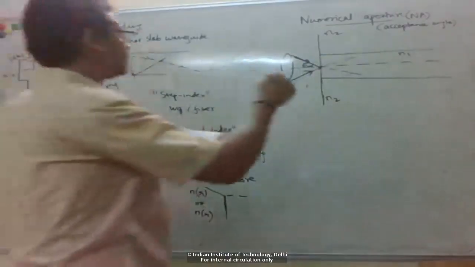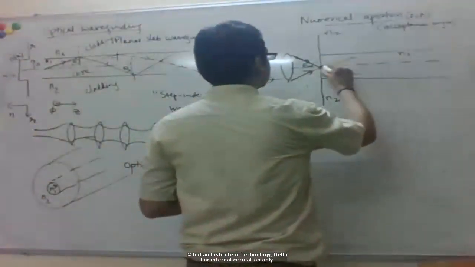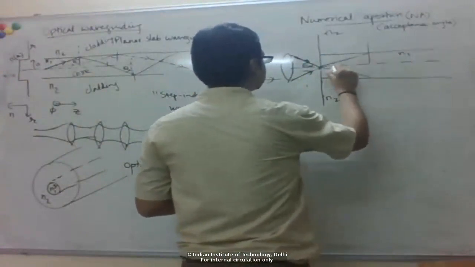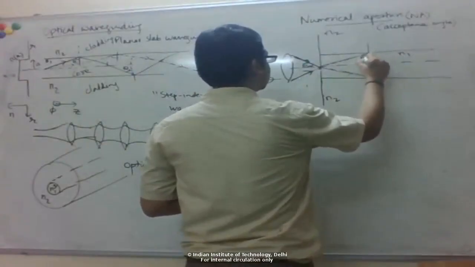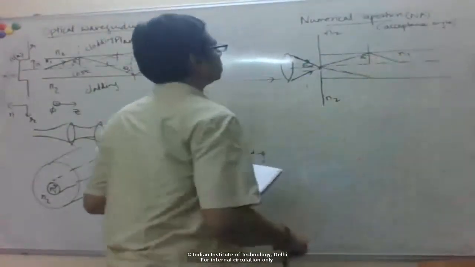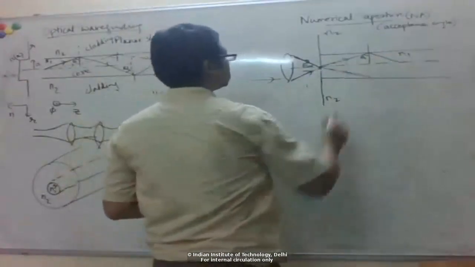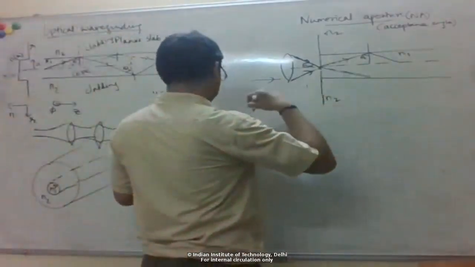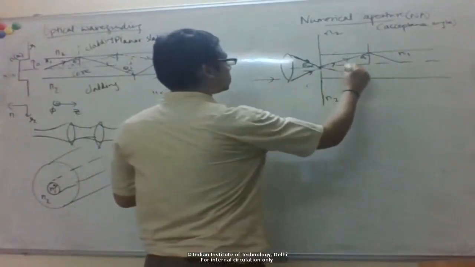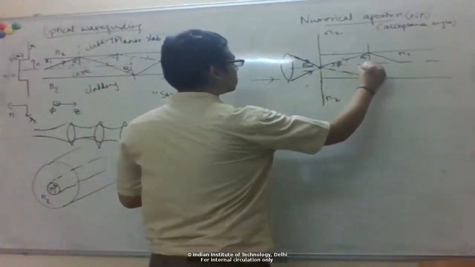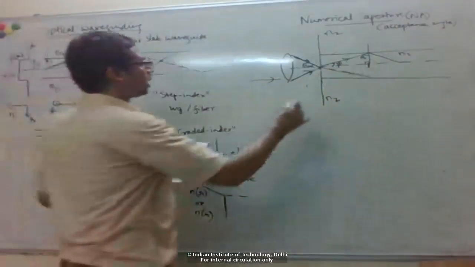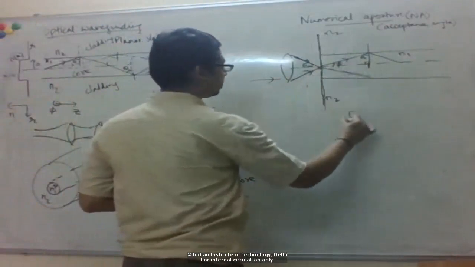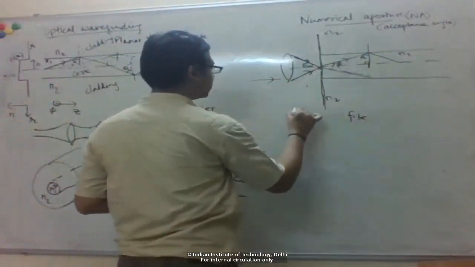So how can we estimate that? Again, consider the cone of light which gets guided here, which makes angle theta c here. So let's say this angle is some phi. This is 90 degrees. Now here at this input interface, so this is my input, on this side I have my fiber or waveguide, and this side free space or air.